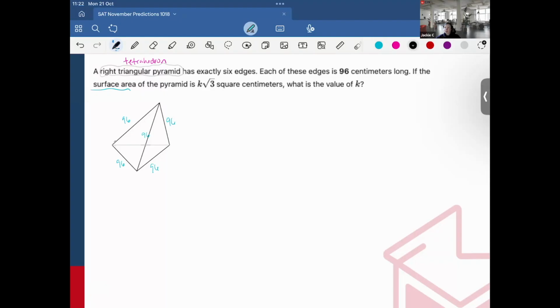Remember the shortcut for an equilateral triangle. If I want to calculate the area of just one equilateral triangle, s squared root 3 divided by 4 will give me that. That's for one, but then I would multiply this by 4 to calculate the surface area because there's 4, right?